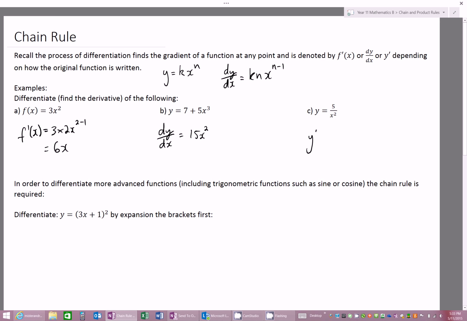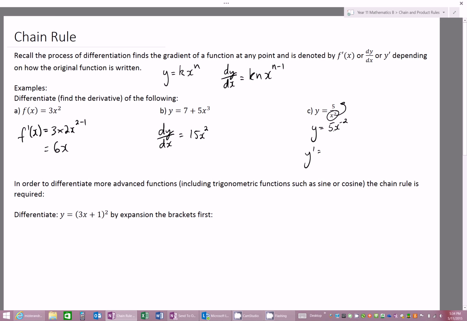Final one, I'll use y dash just for fun. I can't differentiate this yet because the variable is on the bottom. So before I use y dash, I'm going to need to rearrange this, bring the x squared up to the top of the fraction line. It'll become 5x to the power minus 2. And now I can differentiate.